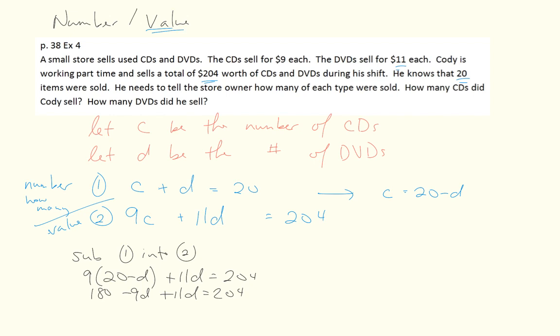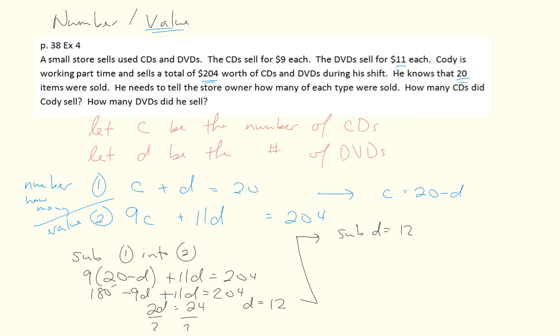180 minus 9D plus 11D equals 204. I collect my D's and I get 2D. I subtract 180 from both sides and I get 24. So divide both sides by 2 and I get that D equals 12. I'm then going to sub D equals 12. I have a choice between subbing it into 2 and subbing it into 1. I'm going to say the easier thing is to sub it into 1. I usually make a habit of subbing it not into my rearranged equation, but into my original equation.